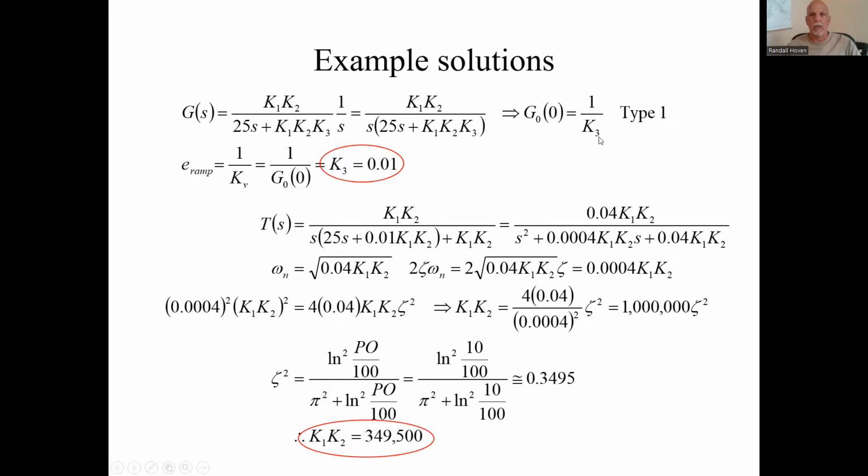And now we've got K3, it equals 0.01. It simplifies. It's another prototype second order system. We relate the parameters and we calculate peak overshoot from a formula sheet. And that tells us what the product K1, K2 is.